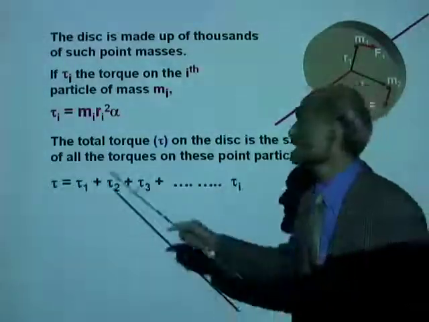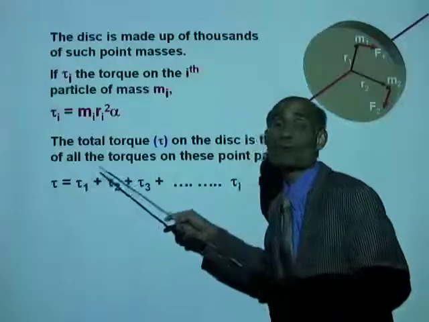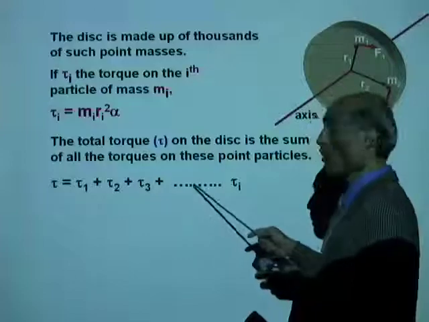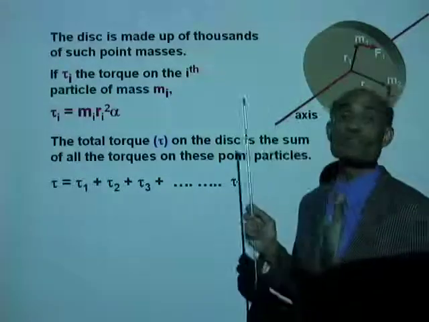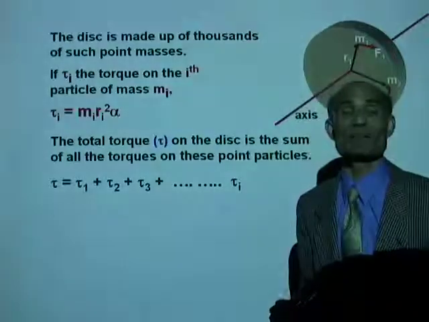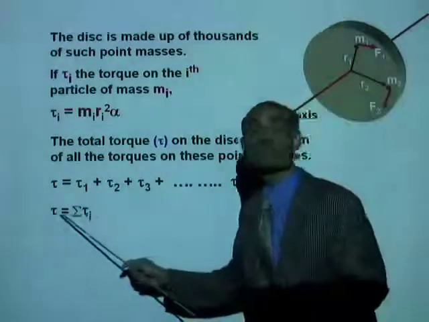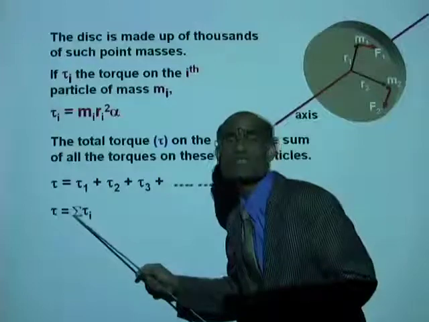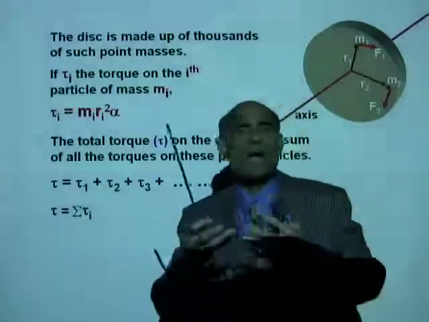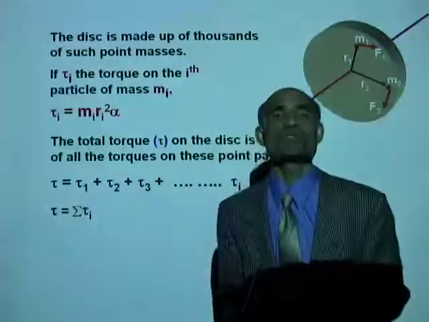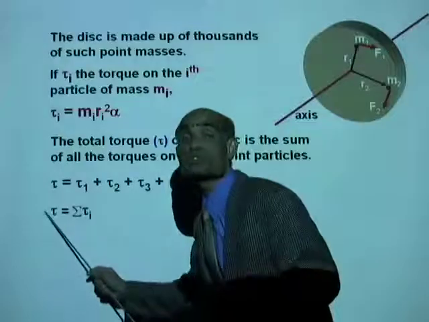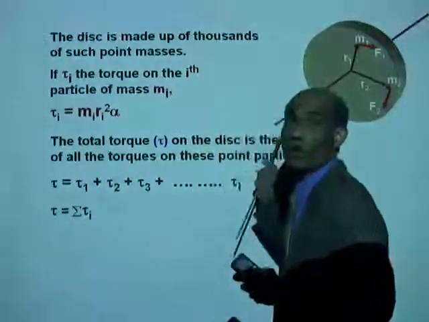How do I write it? Tau equals tau 1 plus tau 2 plus tau 3 plus tau 4 and so on, all the way to tau i, depending on how many particles there are. We can write it like this: tau equals summation tau i. Add all the torques on all the particles. That will give you the total torque on the disk.